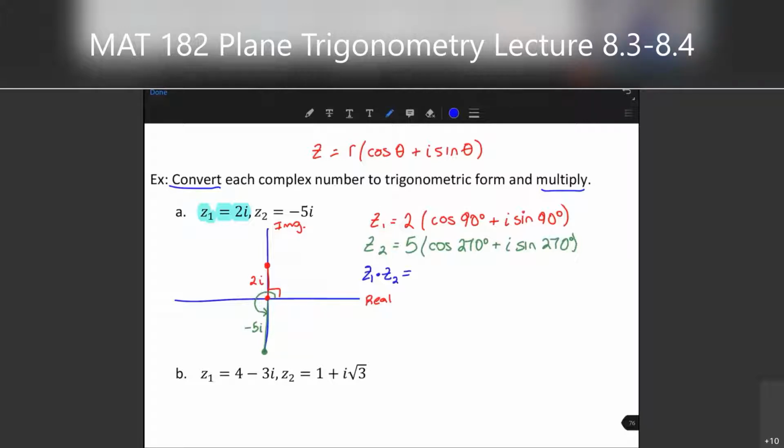We have the moduli of 2 and 5, so we can bring that to 10. Very good. And then what's my new argument? Yep, add the angles. So if we add those angles, that is 360.